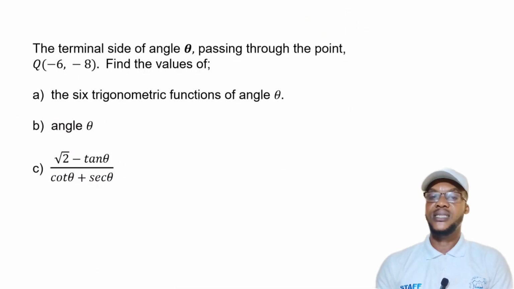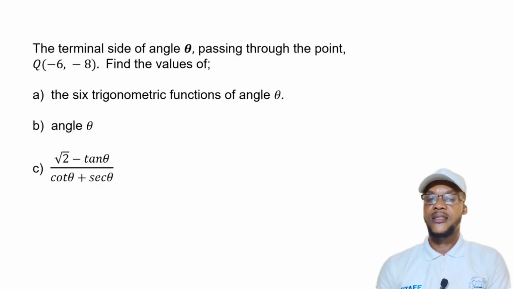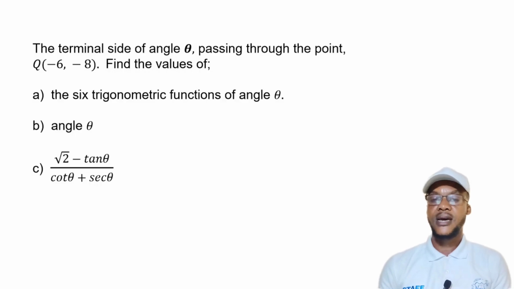In this question, the terminal side of angle theta passes through the point Q with the coordinates -6, -8. We have to find the values of the 6 trigonometric functions of angle theta. Also find the angle theta and then solve for square root of 2 minus tan theta all divided by cot theta plus sec theta.